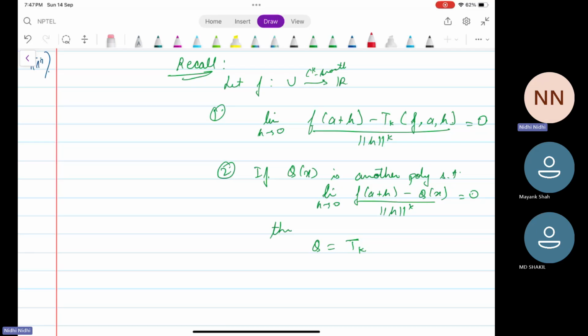That means this T_k is unique. That's the idea we'll be using here.